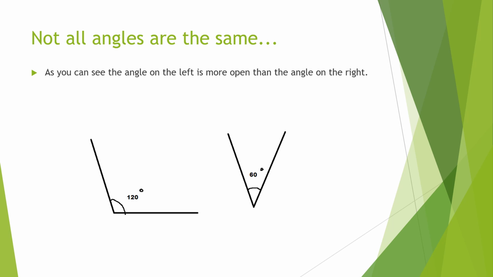For example, the measure of the angle in the picture on the left is greater than the measure of the angle on the right. Because on the left it is much more open, and on the right it's much more closed. That is why not all angles are the same.